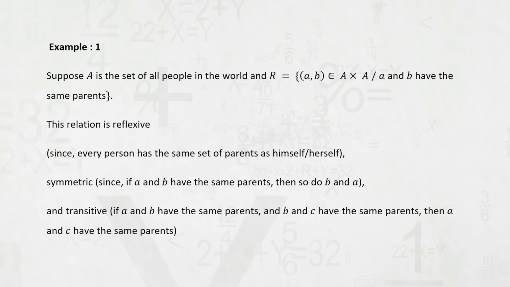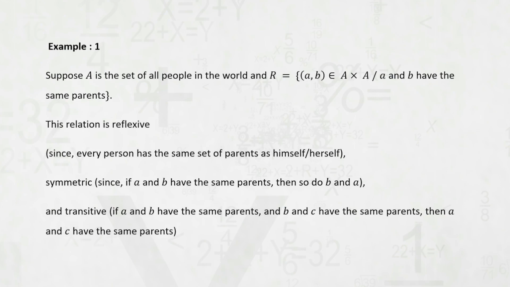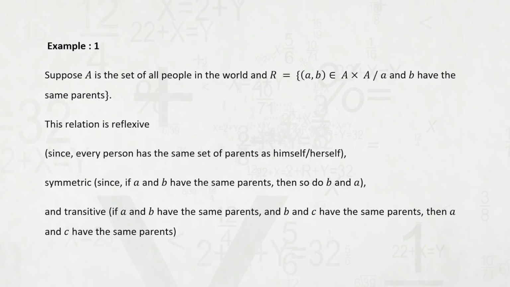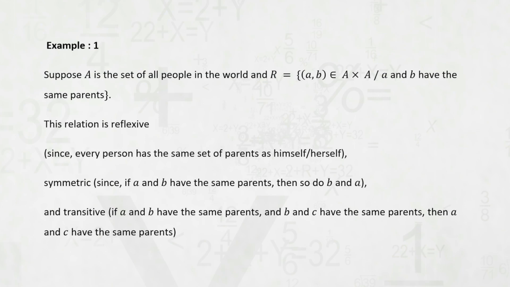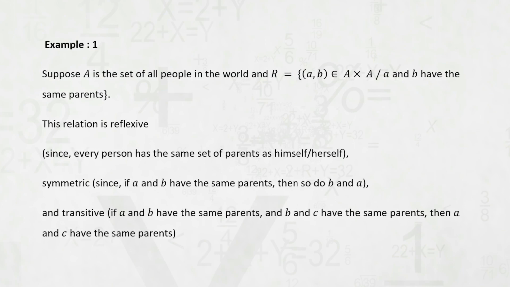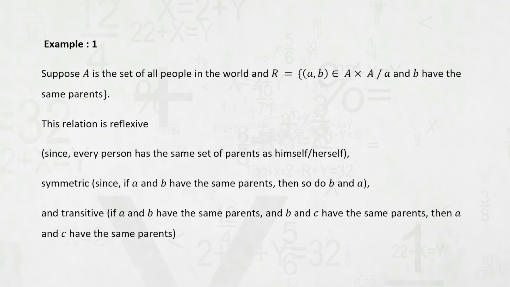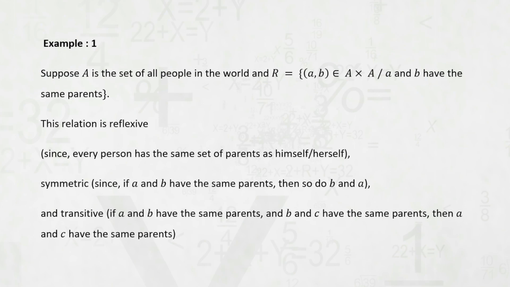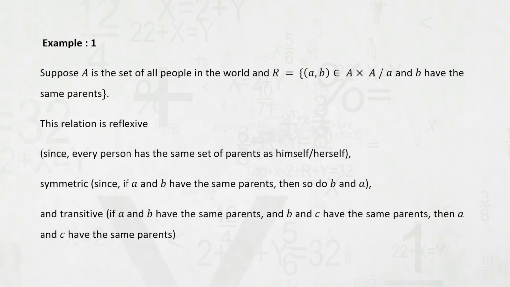Example, suppose A is the set of all people in the world and R is the set of all ordered pairs (a, b) belonging to A cross A such that a and b have the same parents.